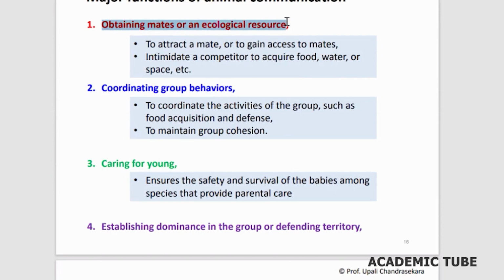When you consider these two, then immediately what should come to your mind is obtaining mates. Then the animal who shows the communication will get the chance to mate, reproduce. By doing so, it will be able to disseminate its genes in the environment.